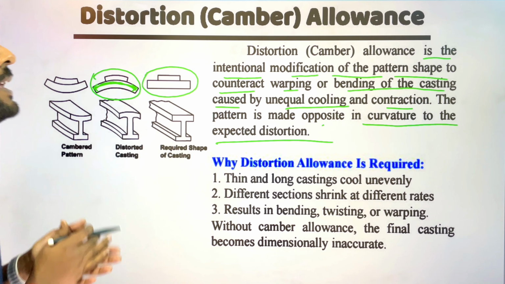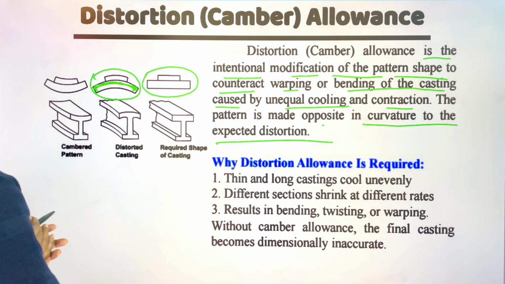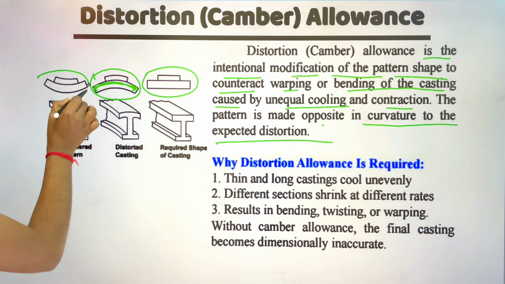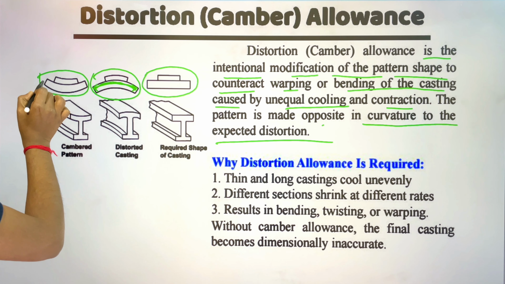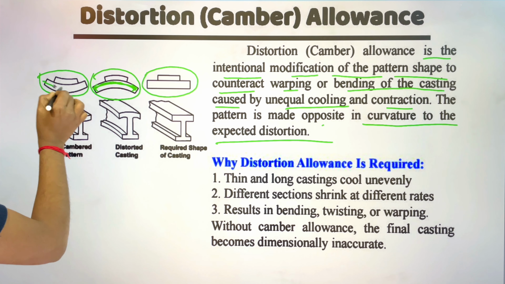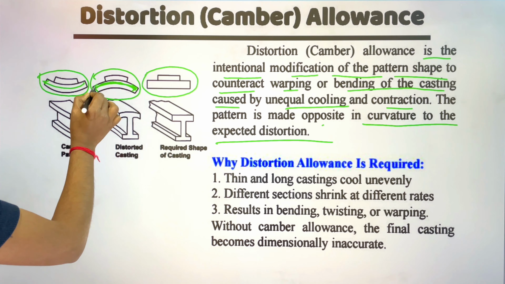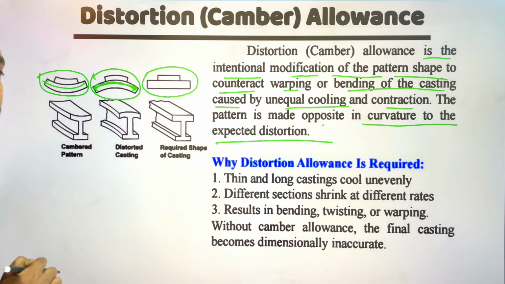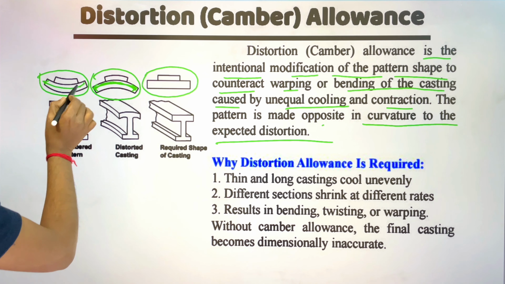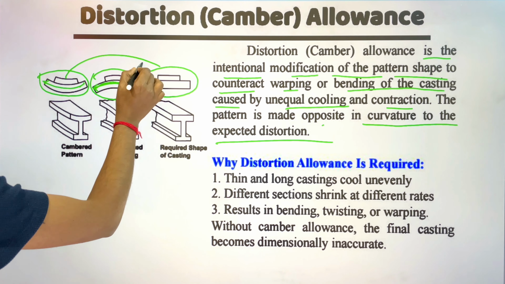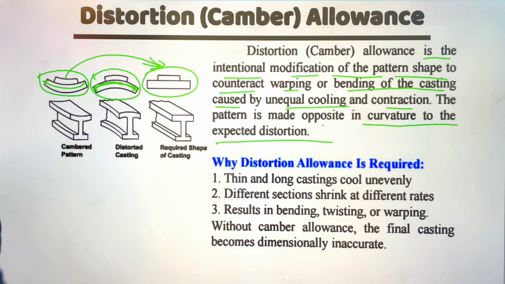It happens again and again, so we decided to make the pattern bent opposite to the final product we get from casting. So when it cools, it will be like this, and we get the final product.